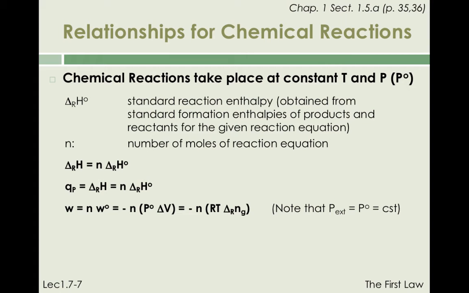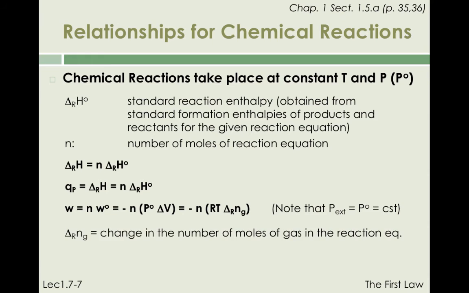So, in the end, the work for 1 mole of reaction equation is simply minus RT times Δn gas, the change in the number of moles of gas in the reaction equation. The work W is therefore equal to minus the number of moles of reaction equation times R times T times Δn gas. Note that we must use R equals 8.3145 to get the work in joules.